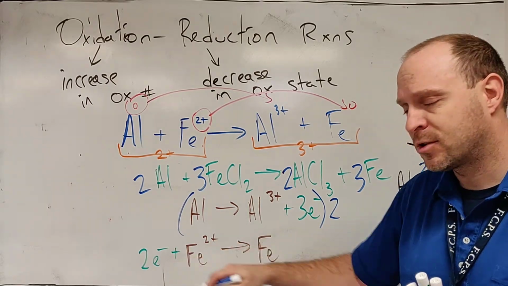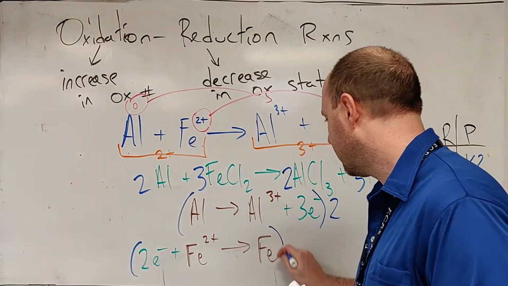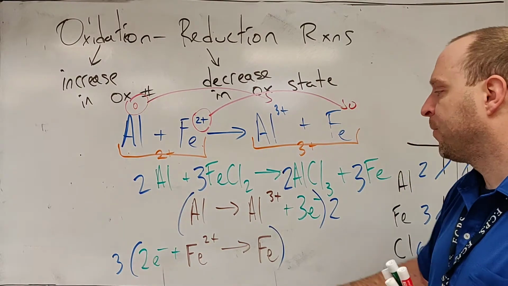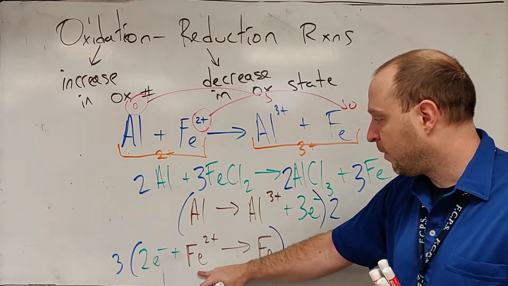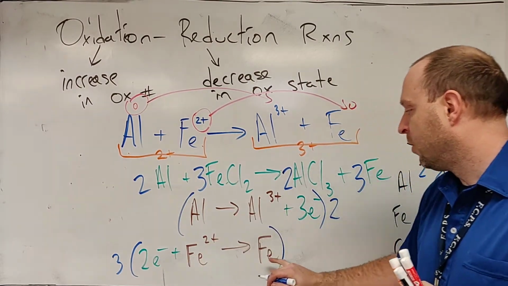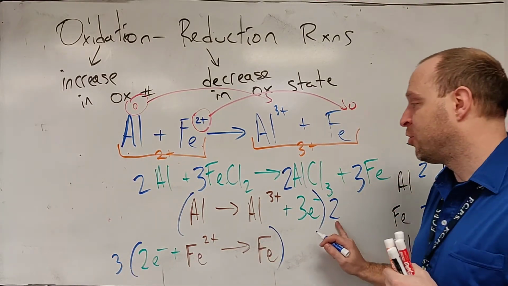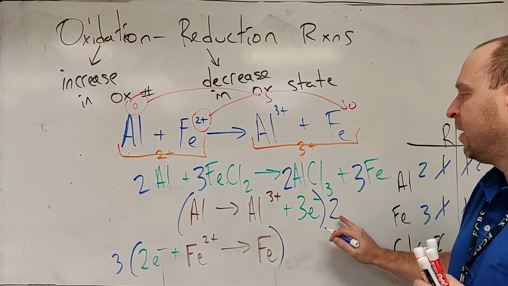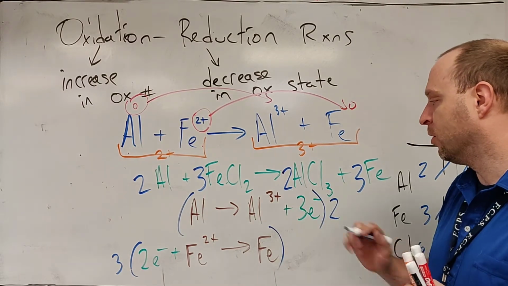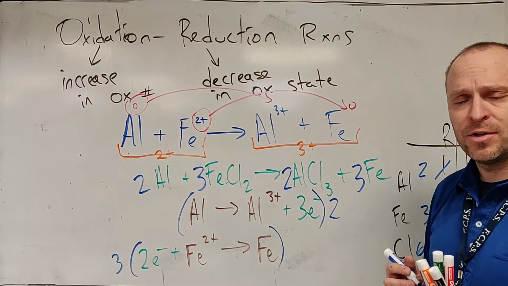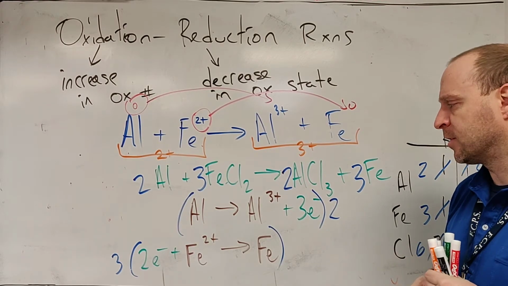That's 3, that's 2, least common multiple is 6. So we put a 3 there. We end up with, again, 3 of our iron ions and 3 of our iron atoms, 2 of our aluminum atoms, and 2 of our aluminum chloride, all right? And the chlorine just acts as a spectator to balance charge.